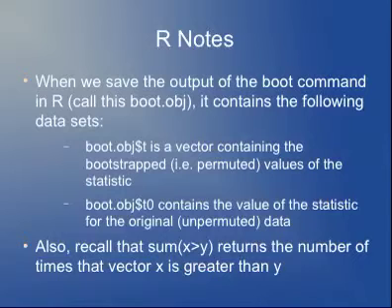Boot.object $T0 will give you the test statistic for the unpermuted data. It's just one value because there's only one unpermuted data set. And in general in R, if you say sum x greater than y, that'll give the number of times the vector x is greater than y. So when you say sum boot object $t greater than boot object $t0, it says how many times your bootstrap test statistic is more extreme than your original test statistic.